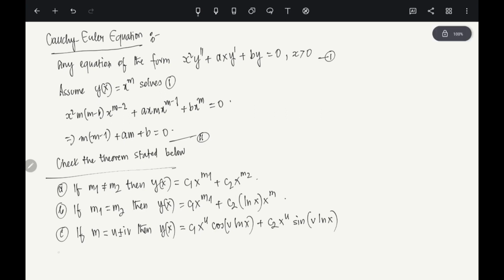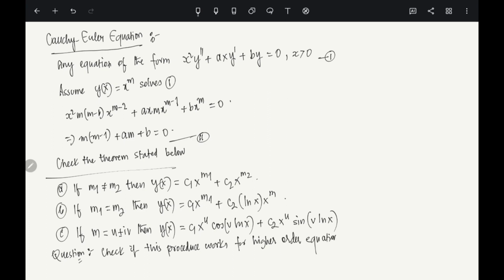Before we finish the video, let's put down a question. Question: check if this procedure, and not only this, the whole video, whatever we did, works for higher order equations or not.